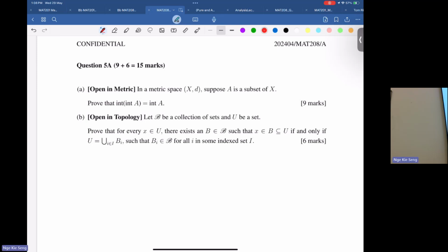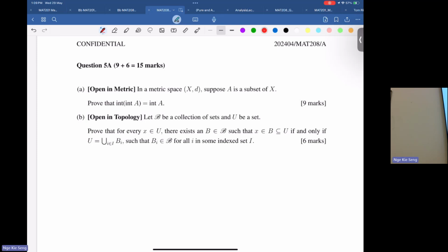Because it has the following property: you can write your open set as a union of basis elements. Makes sense or not? So that's why I named these 2 questions: one is open in a metric, the other is open in a topology.